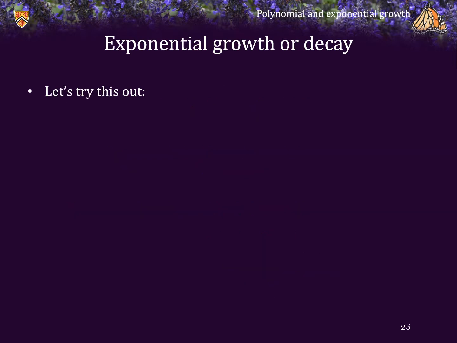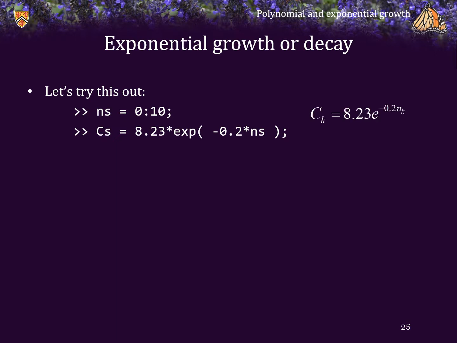Let's try this out. I'm going to create 11 equally spaced points from 0 to 10. I will then evaluate these points at the function 8.23 times e to the negative 0.2 times n. So each value of the count is exactly given by this formula.